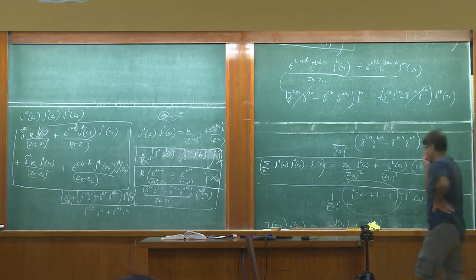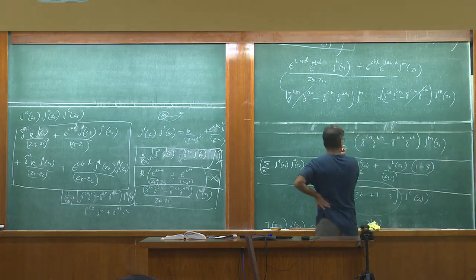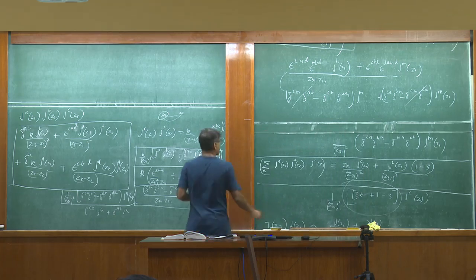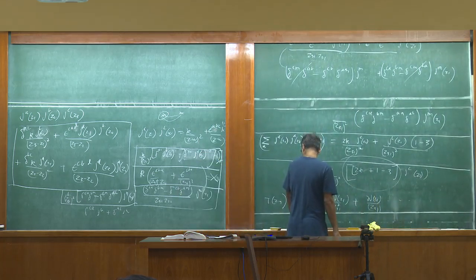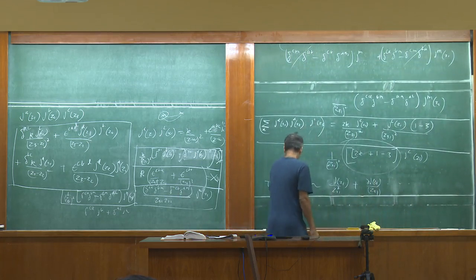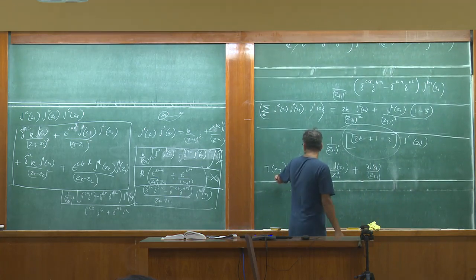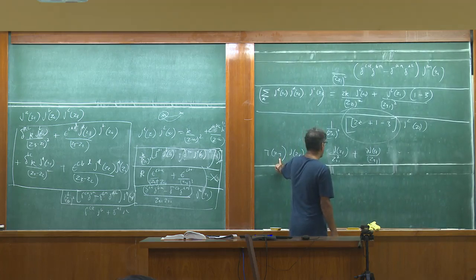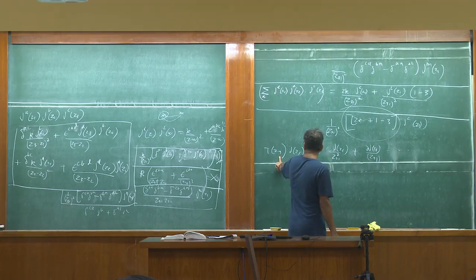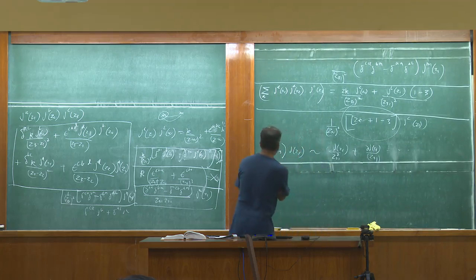No, I mean, sorry. This expression just interchange Z1. Yes, let's look at T of Z1, J of Z. But what do we expect from this?